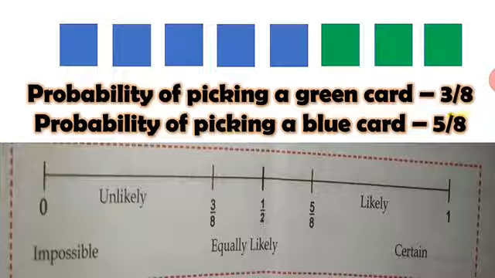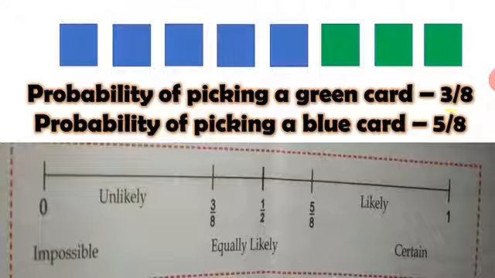Next question: what is the probability of picking a blue card? Count the number of blue cards, 1, 2, 3, 4, 5. That is the numerator, and the total number of colored cards is 8. So the answer is 5/8. Green card 3/8, blue card 5/8.